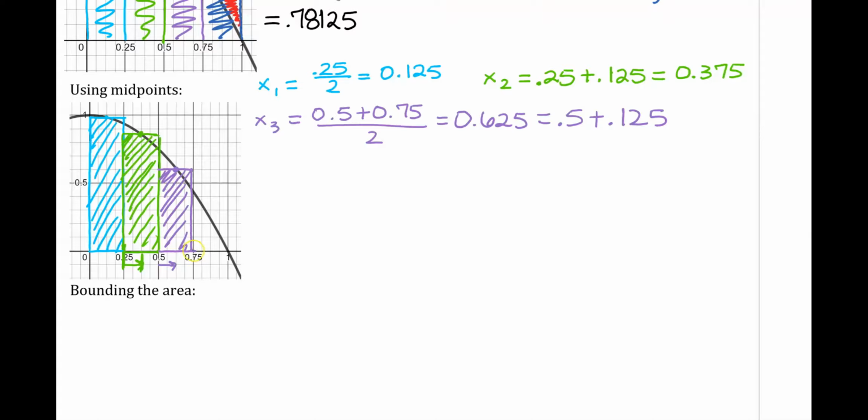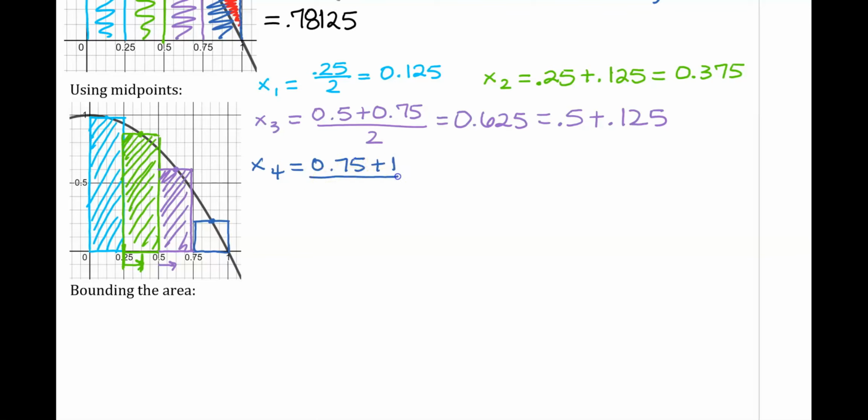Finally, for our last rectangle, we'll find our x4 from that. It still has a width of 0.25. It stops at 1. Hits that parabola in the middle of that interval. And so to calculate the middle of that interval, I'll again take the average of these two x values.